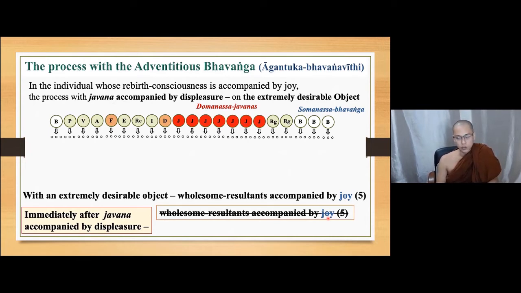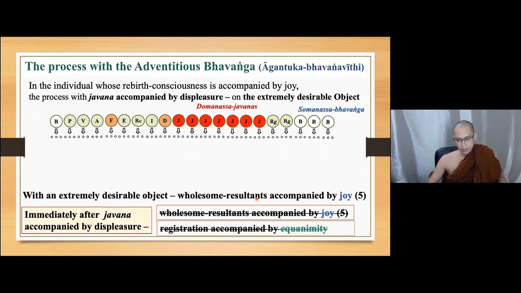That is why the joyful feeling cannot arise. But according to nature, on an extremely desirable object there should be the wholesome resultant accompanied by joy. This is a contradiction of nature, between the Domanasa Javana and the extremely desirable object. And that is why registration is not possible.